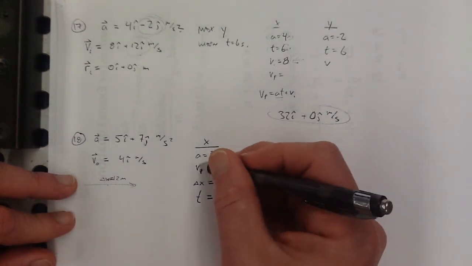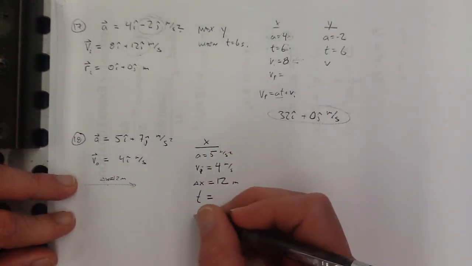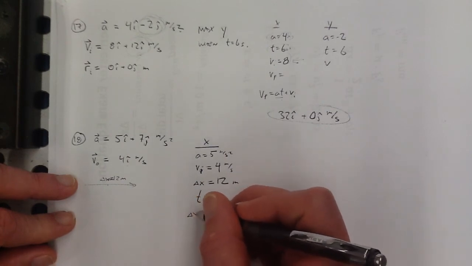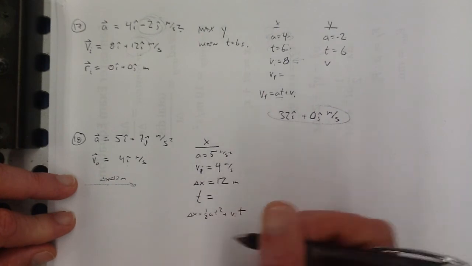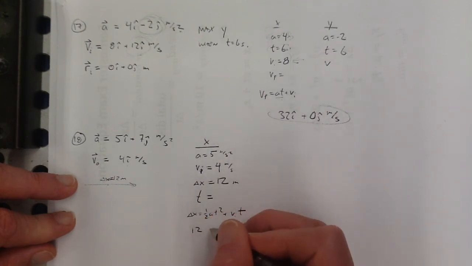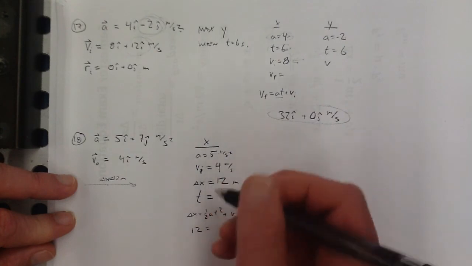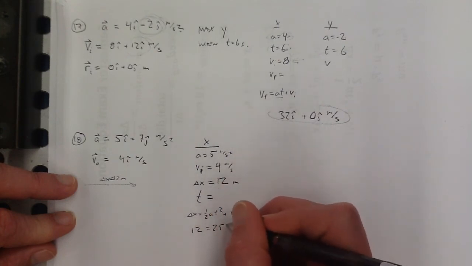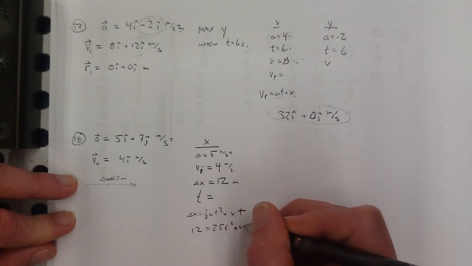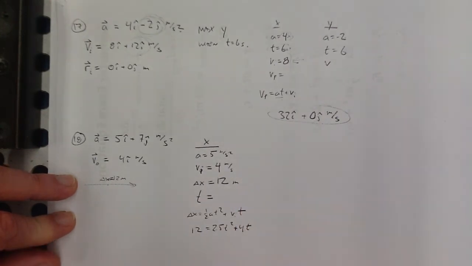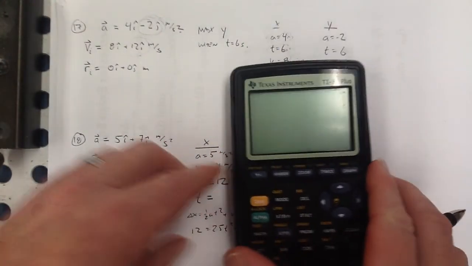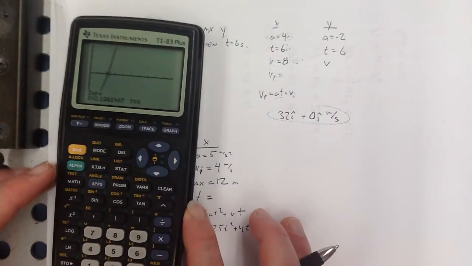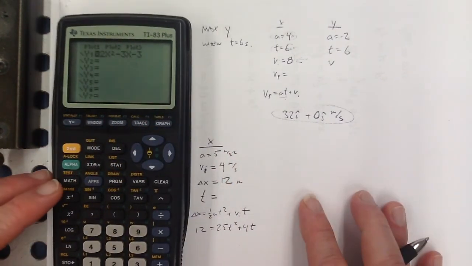So let's see, what equation relates to these things? I think it's our old friend. Delta x equals 1/2 at squared plus vit. So the delta x is 12 equals 1/2 a t squared plus vit. Now, I don't want to try to factor that. That's crazy. So I'm going to graph. What am I going to graph?